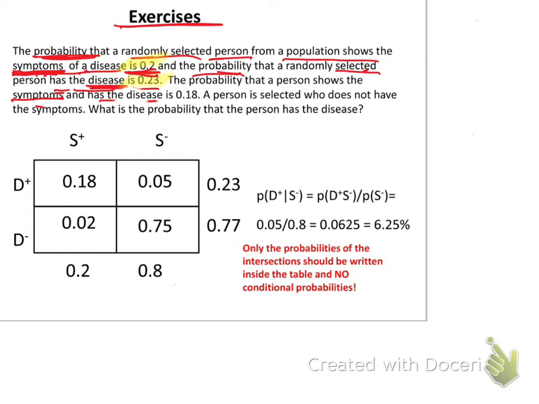The person is selected who doesn't have the symptom. What is the probability that the person has the disease? So he mentioned here clearly that the person selected doesn't have the symptom. So it is kind of given. He told me don't think about it.